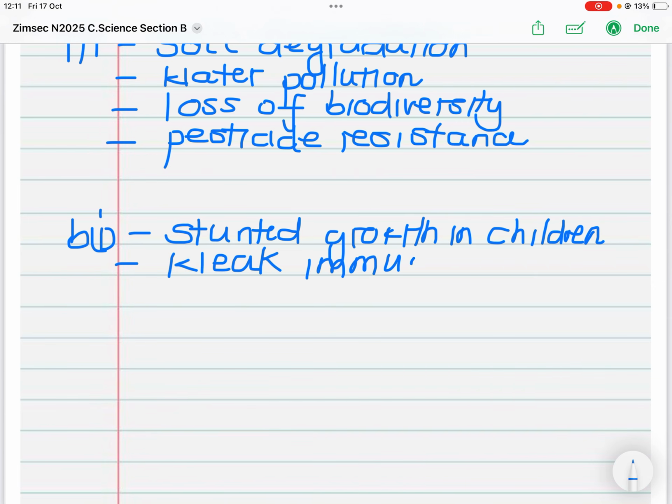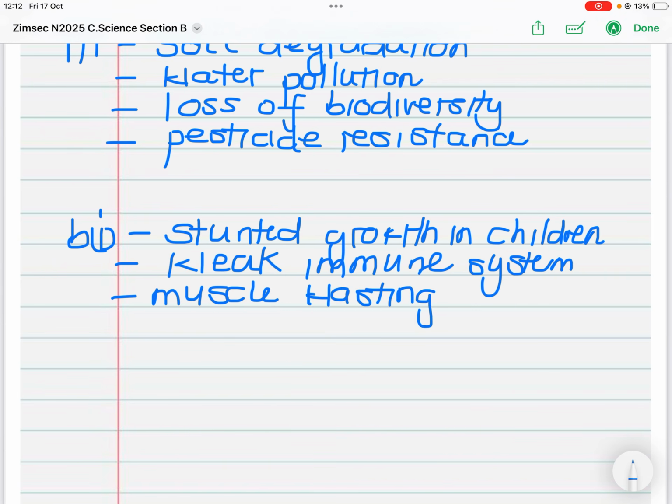There is also weak immune system. The weak immune system leads to frequent infections, and also there is muscle wasting and general weakness.